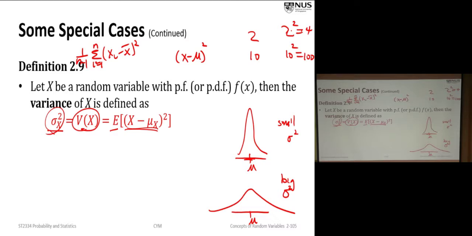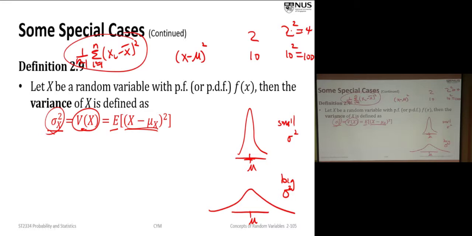The behavior of this population is represented by the distribution of the random variable x. So this expectation of x tells you the center of this population's values, and the variance tells you how spread out the data is. And this one is only for a sample, not for the population. You take a sample and you calculate it.